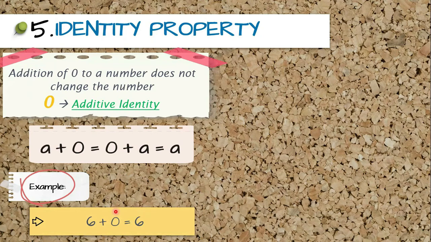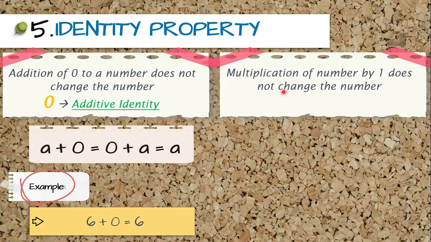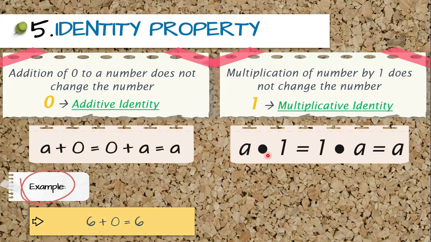That's why identity. Okay? For multiplication, multiplication of a number by 1 does not change the number. This time, 1 is our multiplicative identity. Again, 1 is what we call our multiplicative identity. A times 1 is equal to 1 times a.